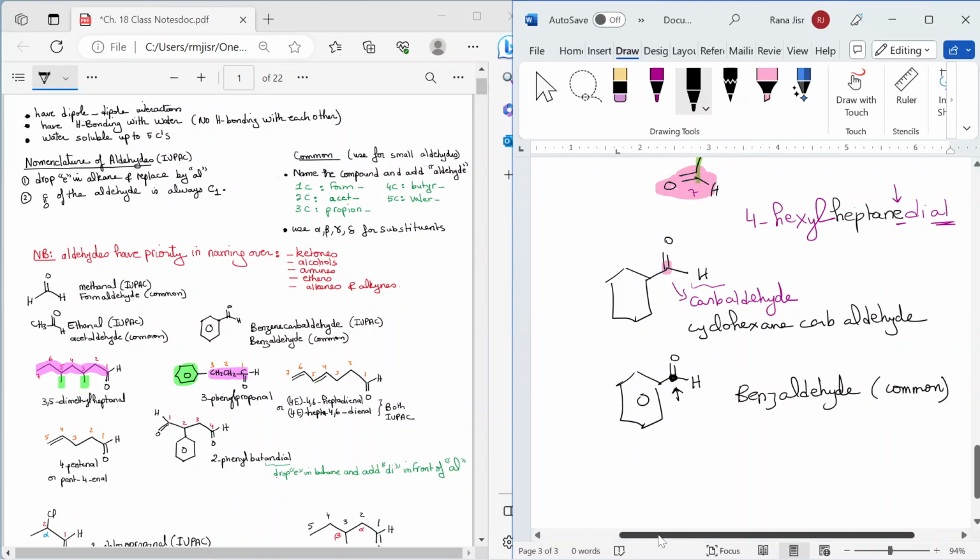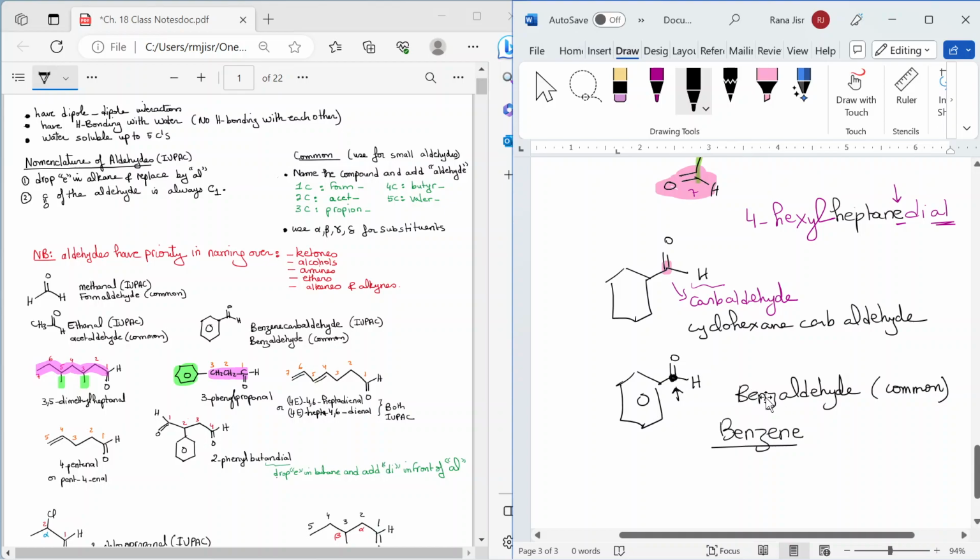You can name it as a benzene, a carb, and an aldehyde in there. This name, we don't use it much, but you can do that. If you use the word benzene, then you are separating the benzene from the carbon that is connected to it.